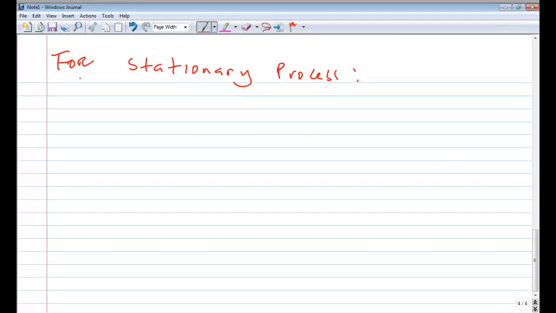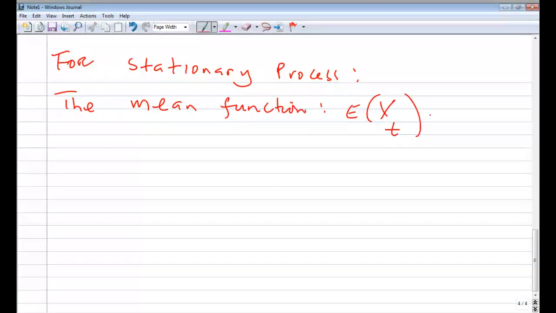Now for a stationary process, the mean function, which is represented by the expected value of xt, is equal to mu.